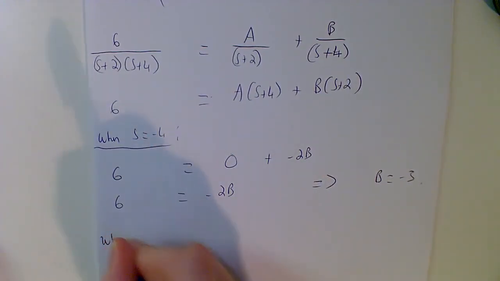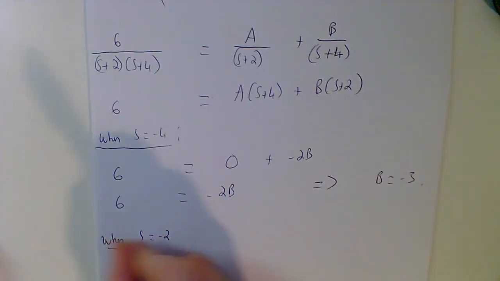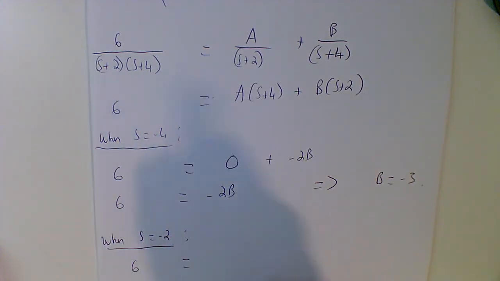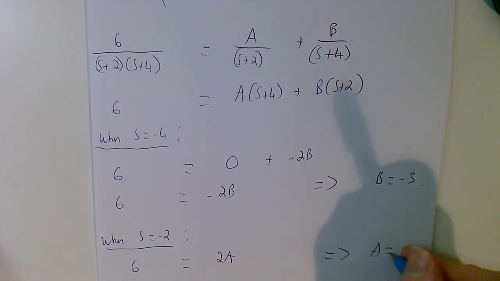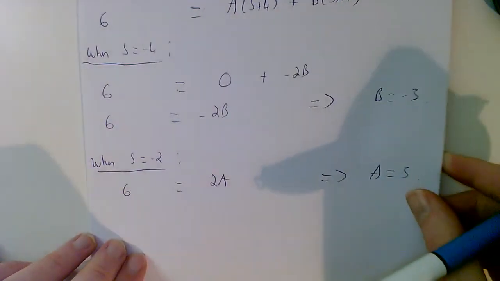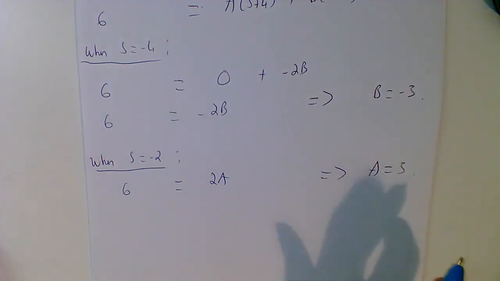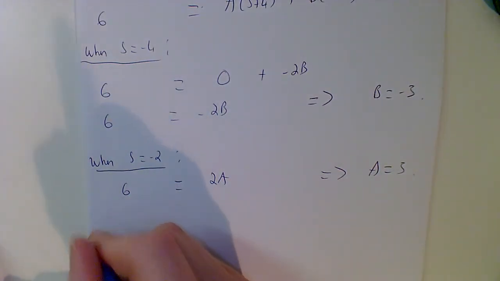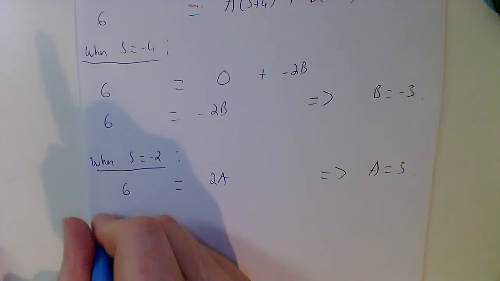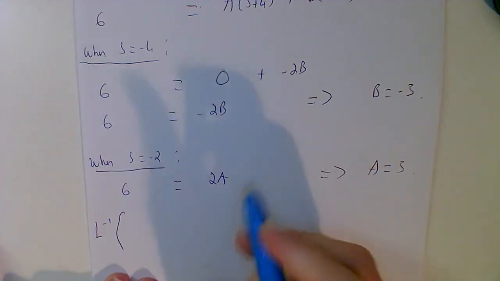And when s equals negative 2, 6 equals 2a, so a is 3. Quite self-explanatory, I don't need to show any more working. So normal partial fractions, and now I just need to find the inverse Laplace transform.